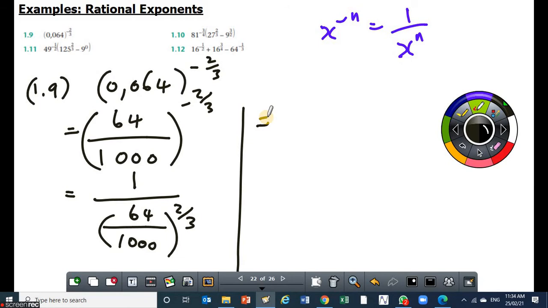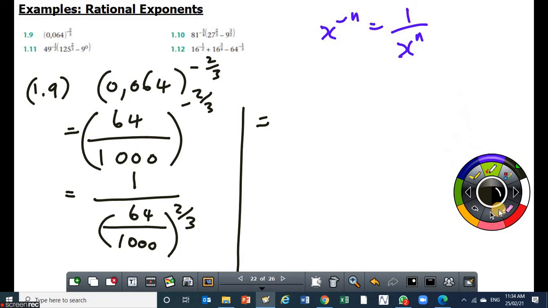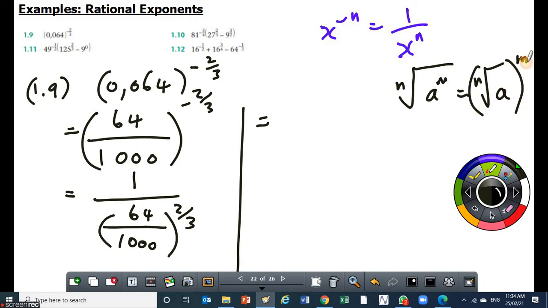Because here I've got 2 over 3 as my exponent, I can introduce one of the 2 definitions or laws that I spoke about yesterday. Remember I said the nth root of a raised to the power of m is the same as the nth root of a, all raised to the power of m.